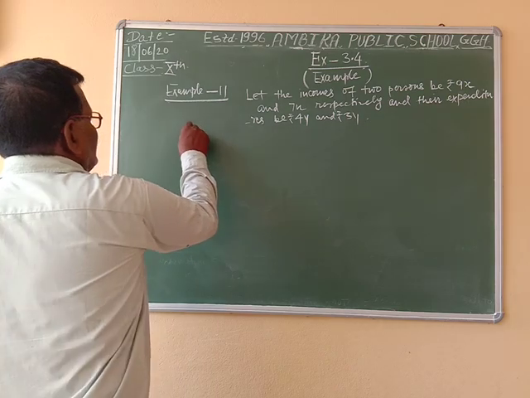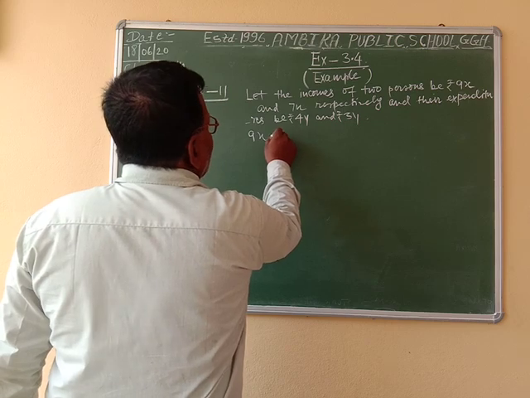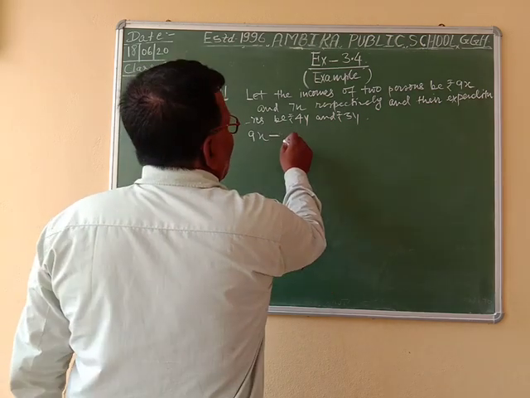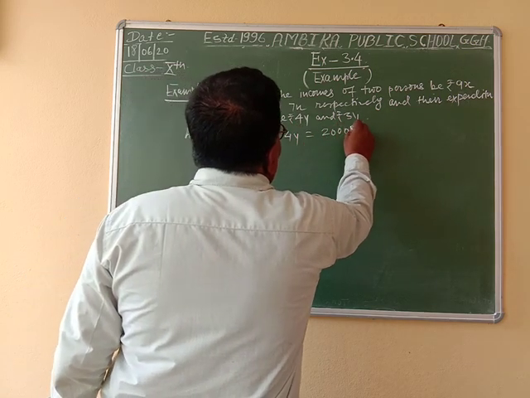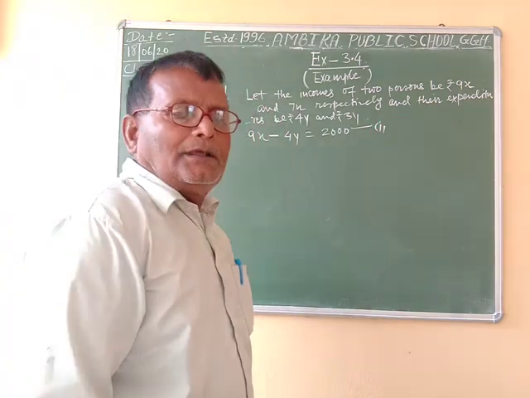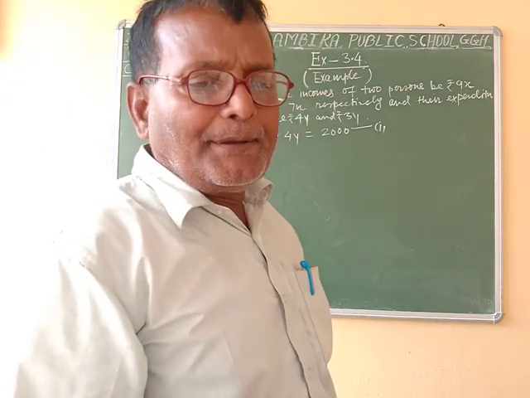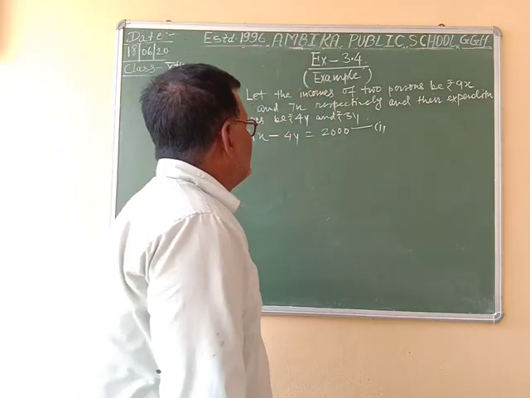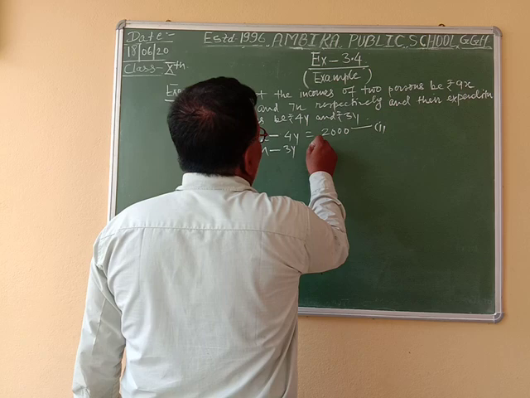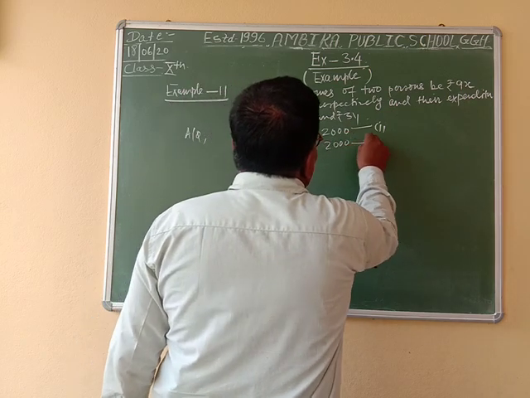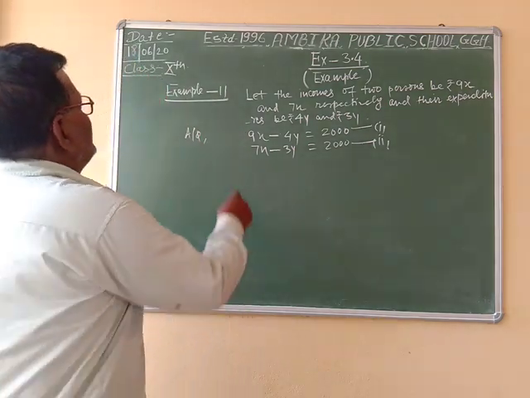So according to the question, we can write 9x minus 4y is equal to 2000 according to the first condition, and 7x minus 3y is equal to 2000 rupees. Here we see that we can use the elimination method.